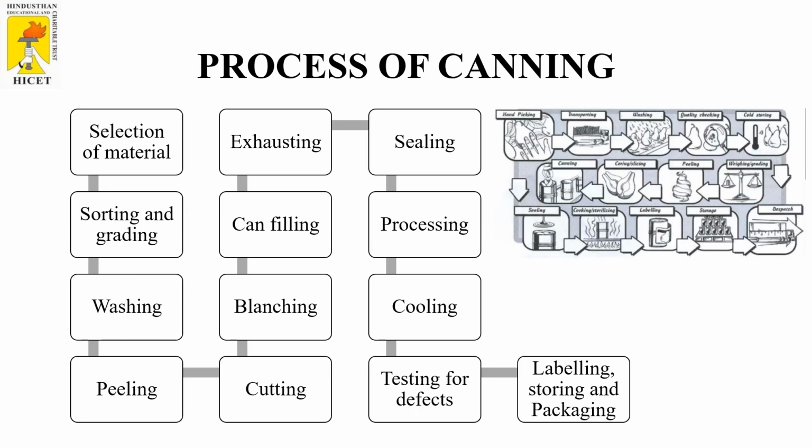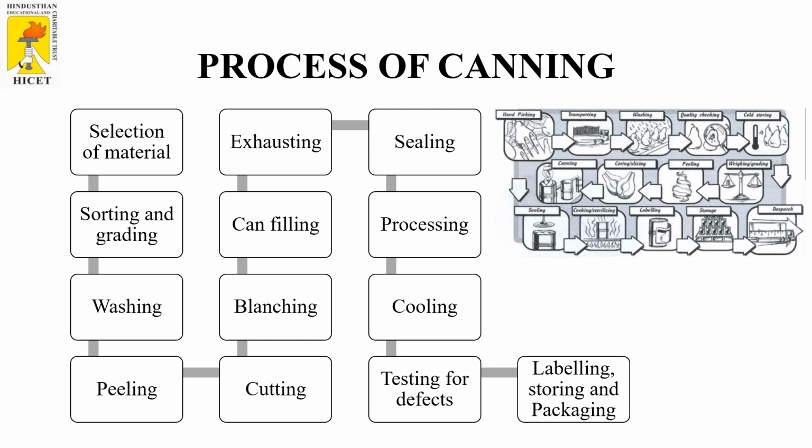Next, coming to the process of canning, this involves several steps, starting from the selection of raw material, sorting and grading, washing, followed by peeling, cutting, and during the peeling process, coring will also be included, followed by cutting and halving.